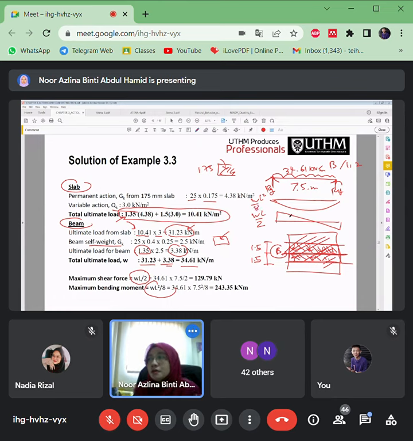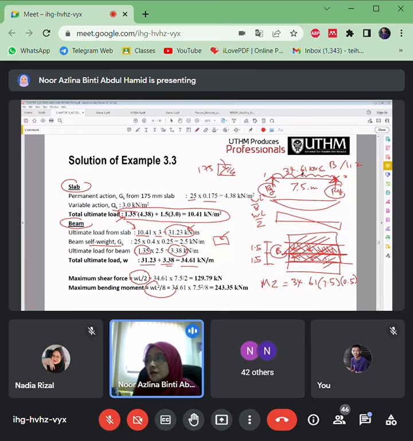Or you need to determine the support reactions here. So let's say find out the moment at these points. Let's say this is grid line 1, this is grid line 2, the moment at grid line 2. The moment comes from these forces, which is 34.61 multiplied with its bands, and then it should be half of it.